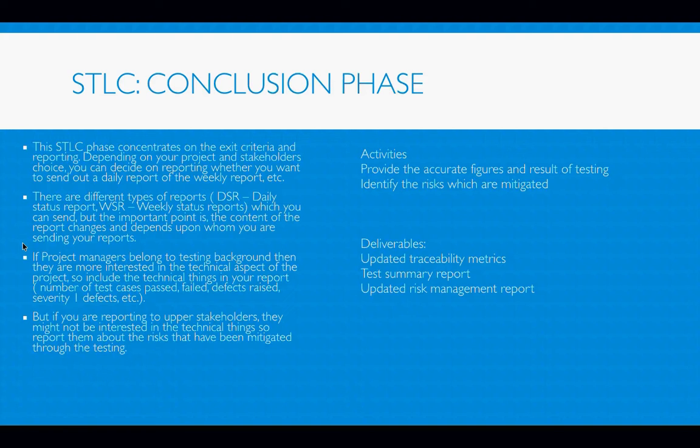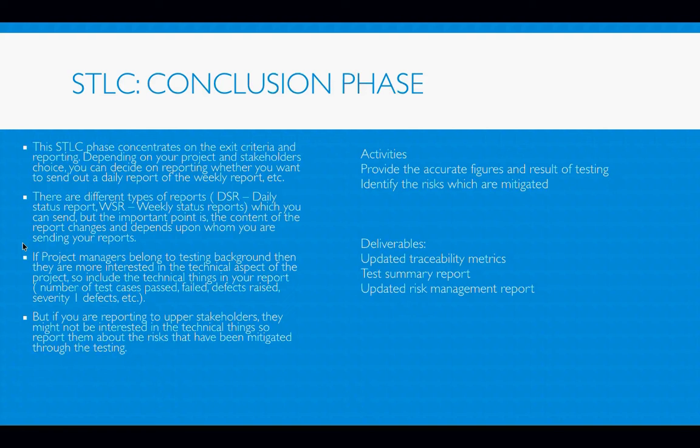It is the point when you send your report, tidy everything up, make sure your environment is in the right state and everyone is okay, and most importantly, you've been able to establish that your exit criteria is met, and you've reported on that.